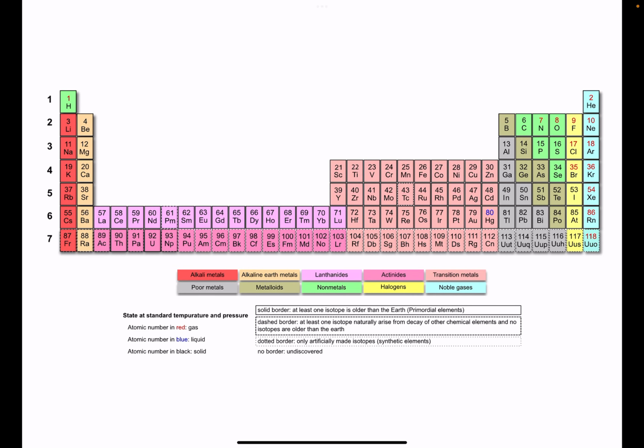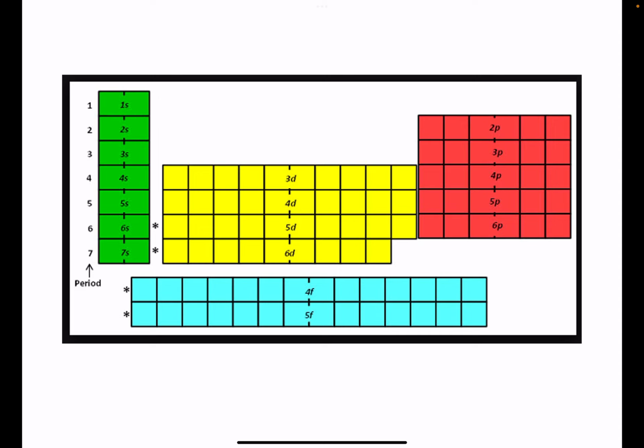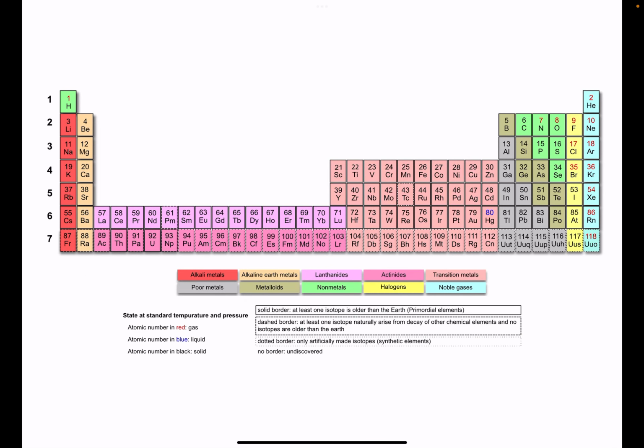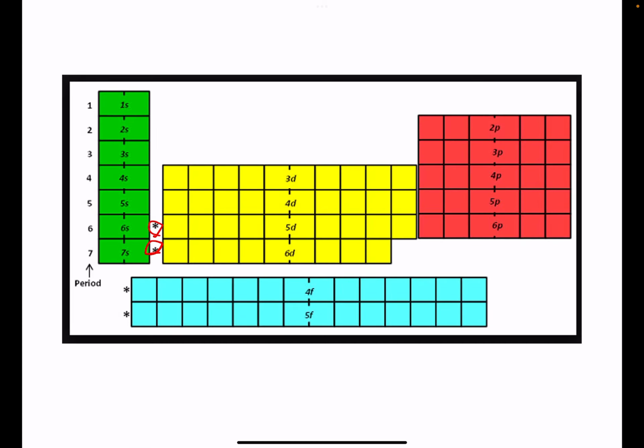Okay, so we can see here, if I go back, you see these little stars right here. These are where our rare earth elements are entered into the periodic table. We move them down to make it look better so it's not all jumbled up like this. See how they're entered in through here? Nobody wants to look at this huge graph like this. We push them down here to the bottom. That's why we have the F block separated.